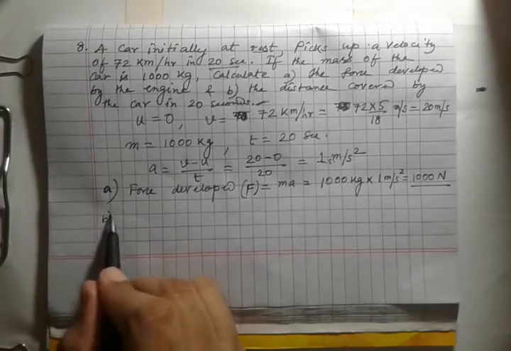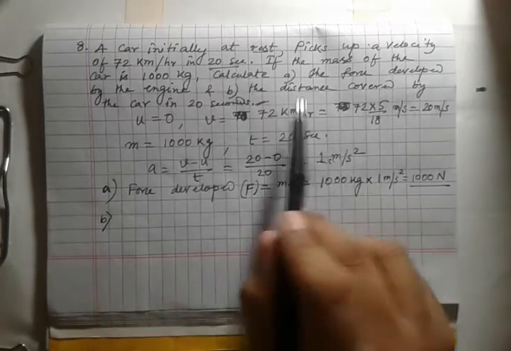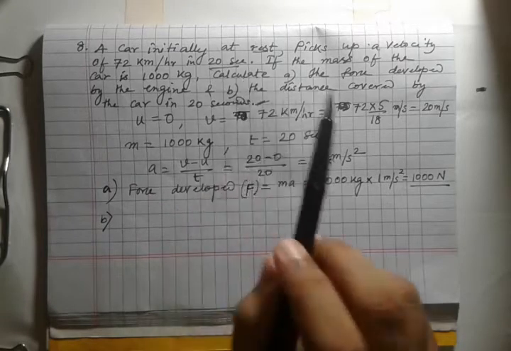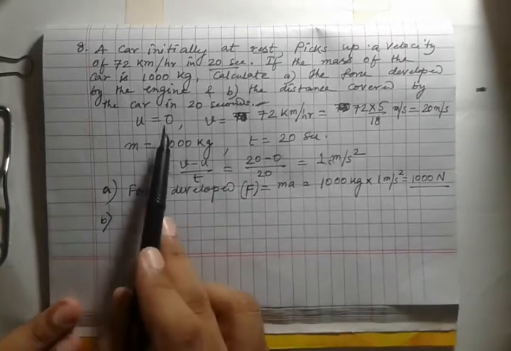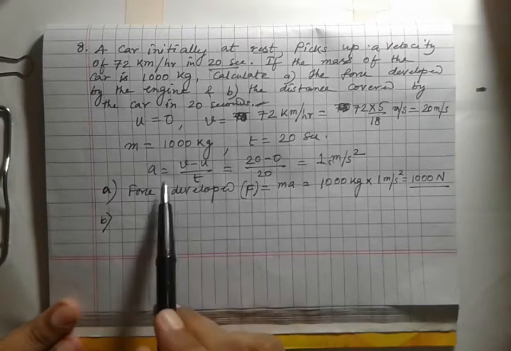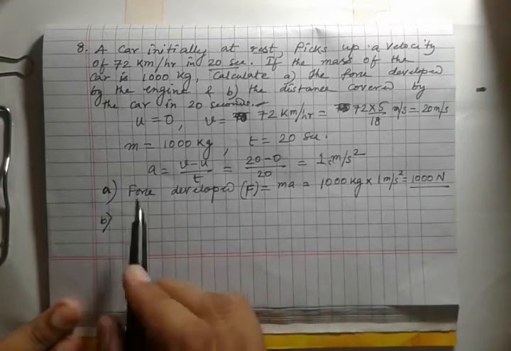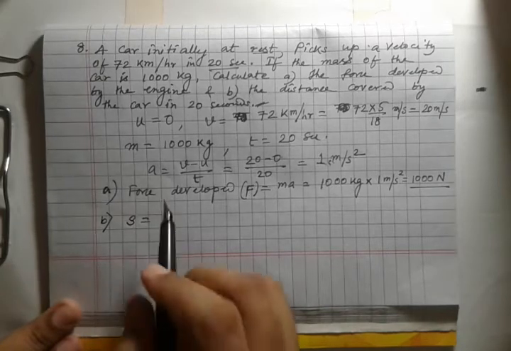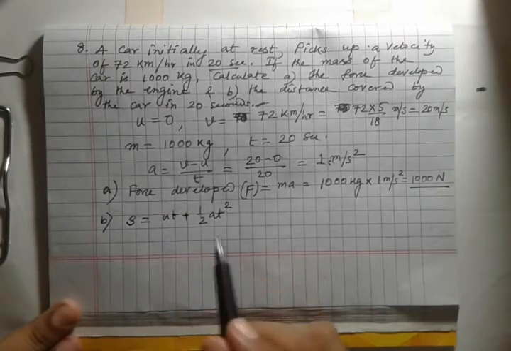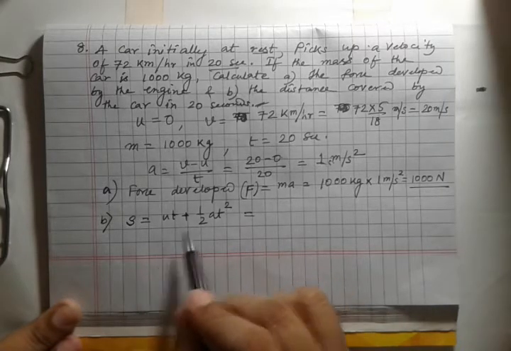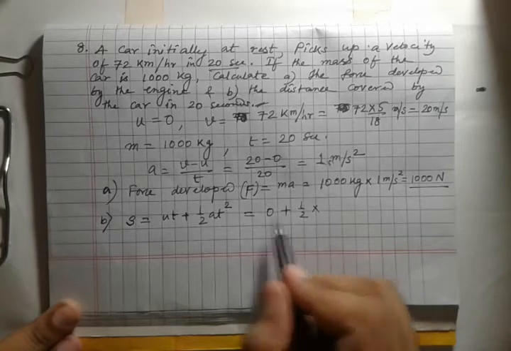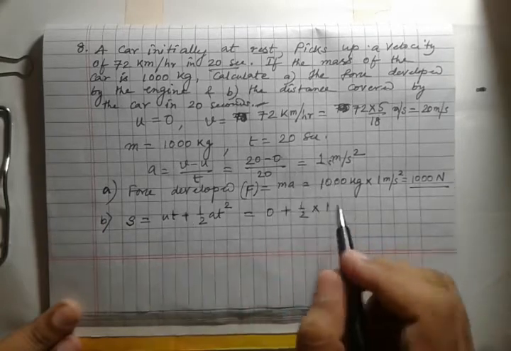Now B is the distance covered by the car in 20 seconds. In 20 seconds, how much distance will it cover? Initial velocity is given, final velocity is given, time is also given, and acceleration is also found. So you can use two formulas, but I will use this formula. s is equal to ut plus half at square. So ut is 0 because initial velocity is 0, plus half into 1, acceleration is 1, t square.